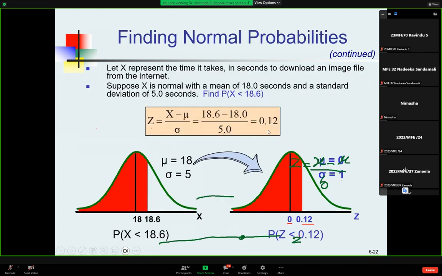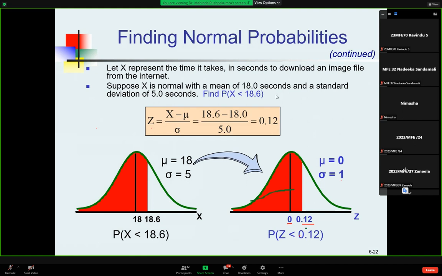Then the Z value is equal to 0.12. Then read the Z table for 0.12. Then you can find the probability related to this area.